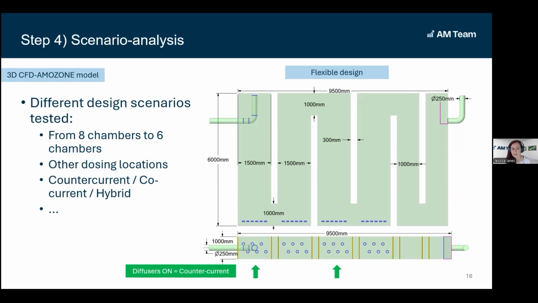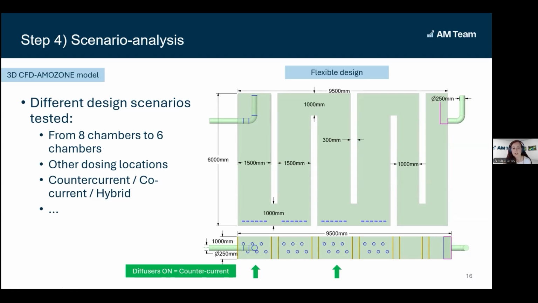This is the design typically in place from previous reactors, where the flow of water is in a counter current direction compared to the gas flow. So the water flows down in the first chamber while the air flows towards the top. And this is the counter current, in which only the diffusers in chamber 1 and chamber 3 are active.